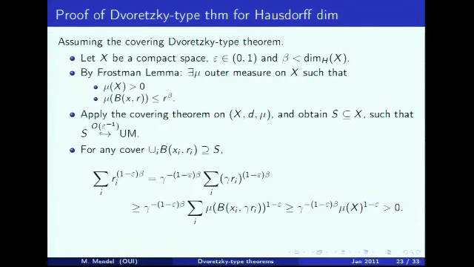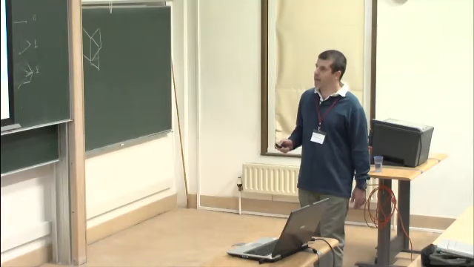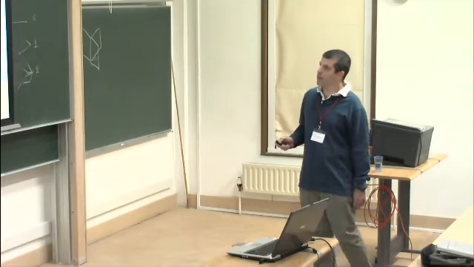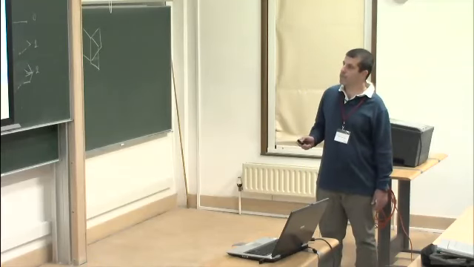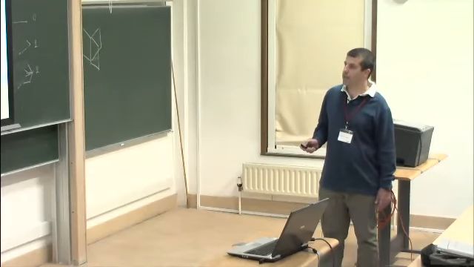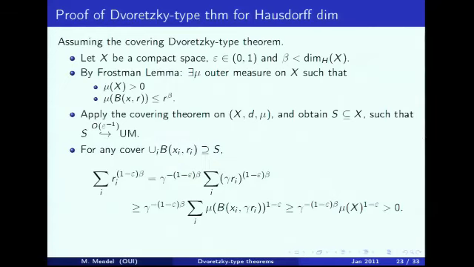We multiply and divide by gamma. So now you have this expression inside the sum. So gamma Ri to the power of beta, you may recognize, is at most the measure of balls of radius gamma Ri. And now you can apply the theorem. We know that this is at most the measure of X to the power of minus epsilon. And this is a positive number which is independent of the cover that we took.